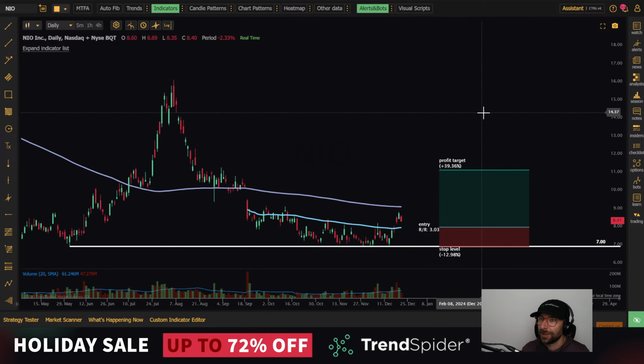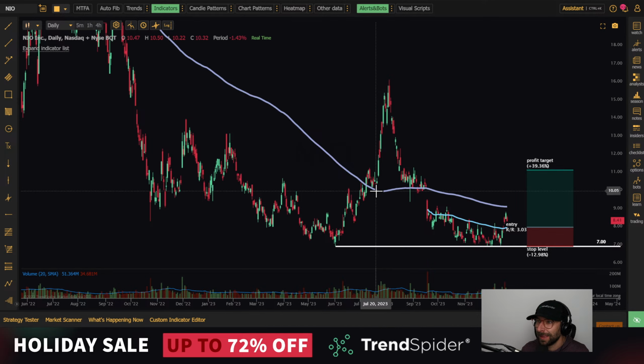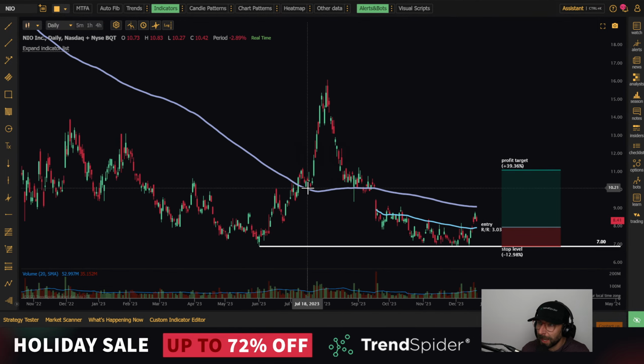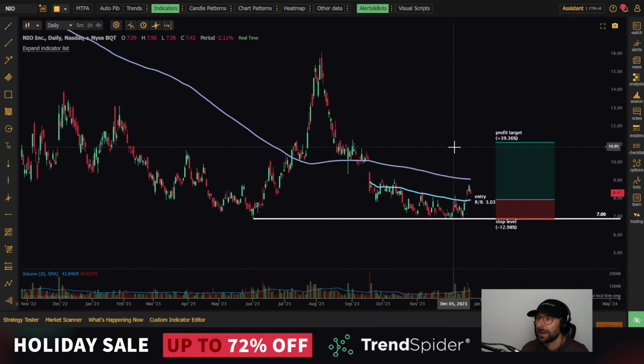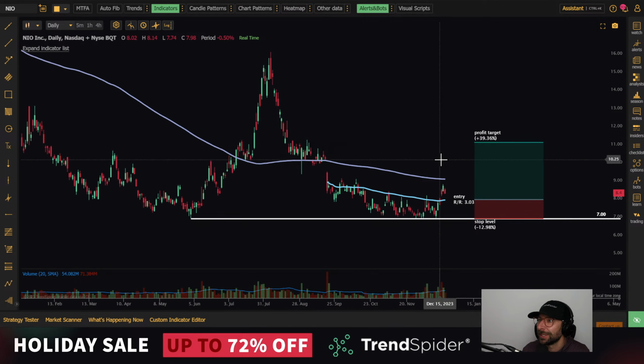We know that 200 SMAs have a tendency to be somewhat powerful. You got a reaction at it here. They broke above it, they held it, and they continued. They tried to hold it here. It wasn't perfect, but you could see how price reacted to it pretty strongly. So there's historical precedence for price reacting to this moving average.